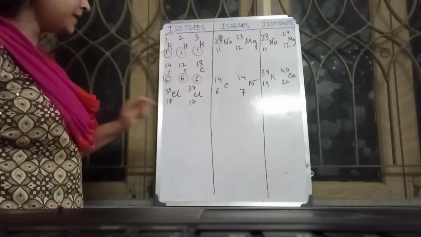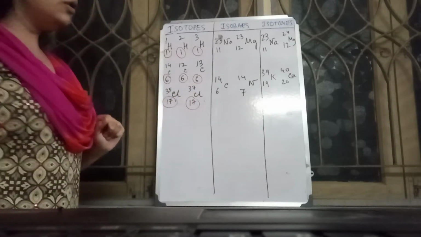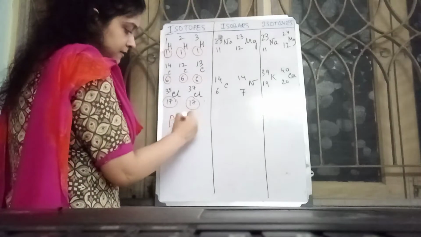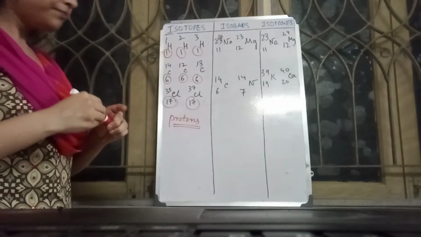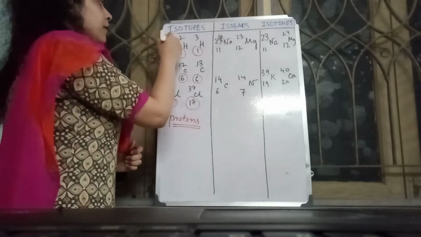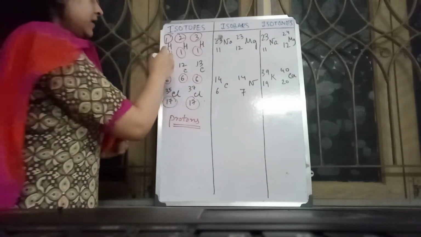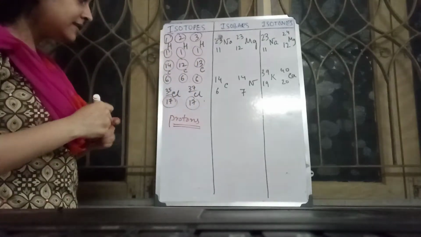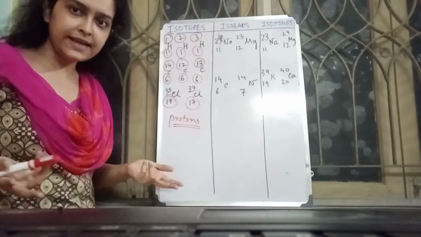The atomic number is the same. So the same atomic number means the number of protons is the same. What is different then? The atomic mass number is different. See 1, 2, 3, 14, 12, 13, 35, 37. That means the number of neutrons is different, right?